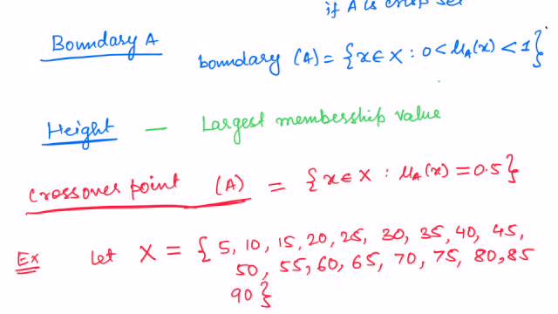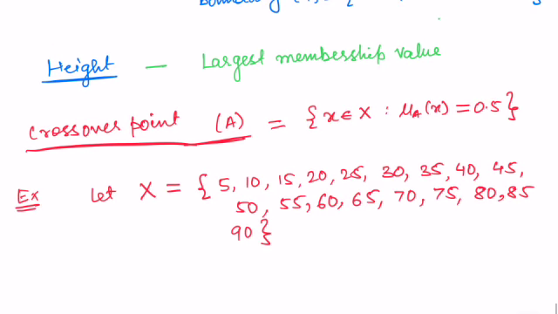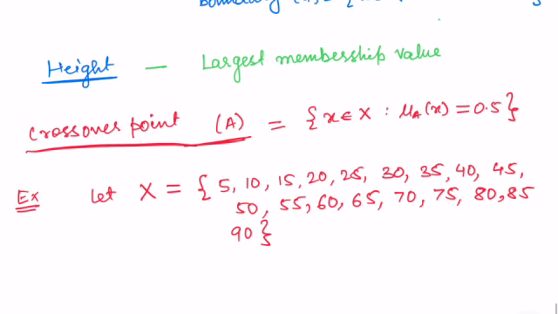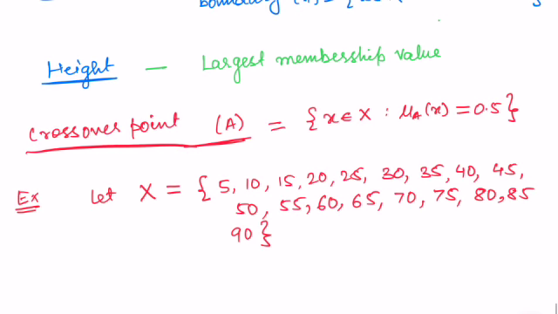Let these be ages of human beings in X. Let this be the universal set of the age domain.